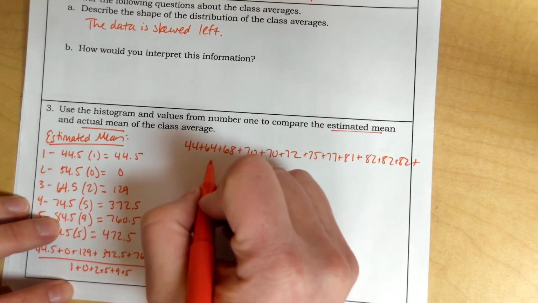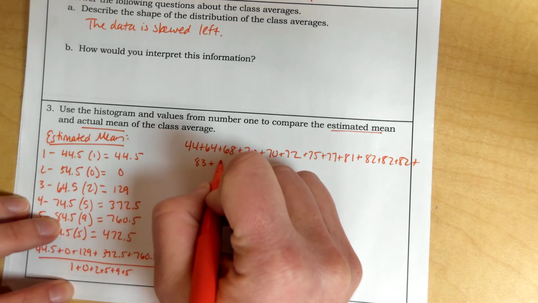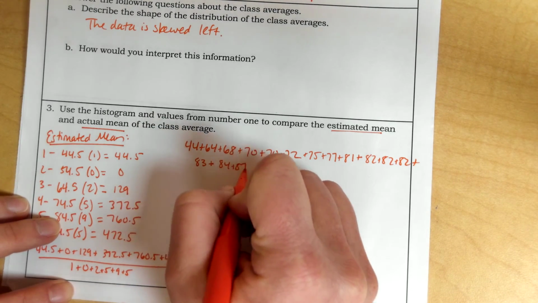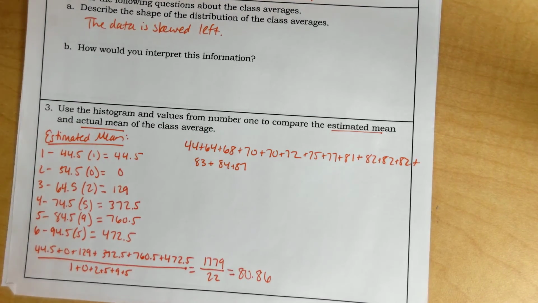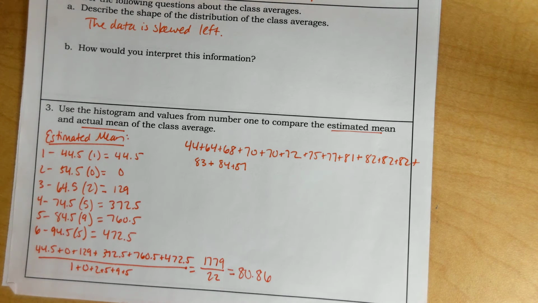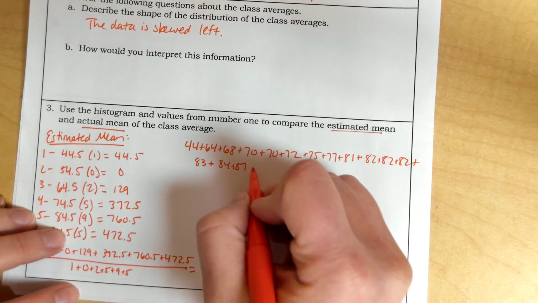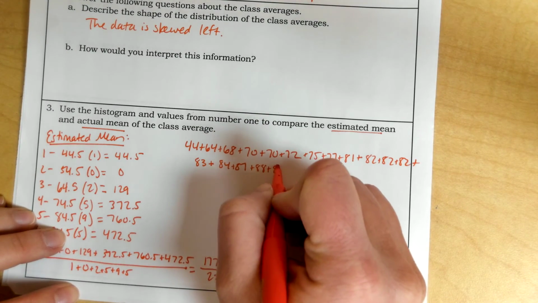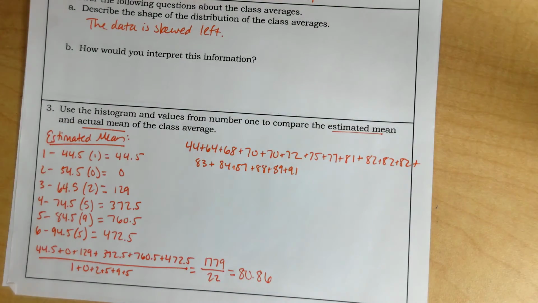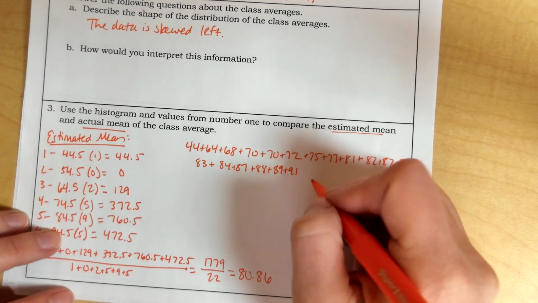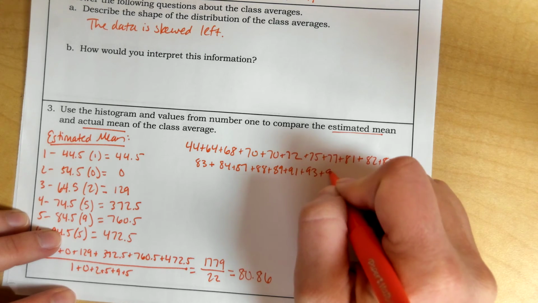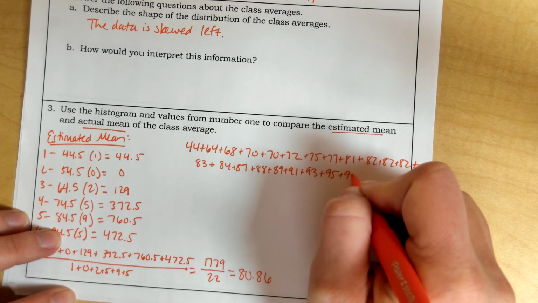And I'm going to keep adding 83 plus 84 plus 87. Okay, and then 88, 89, and 91. And then 93, 95, 98, and 99.